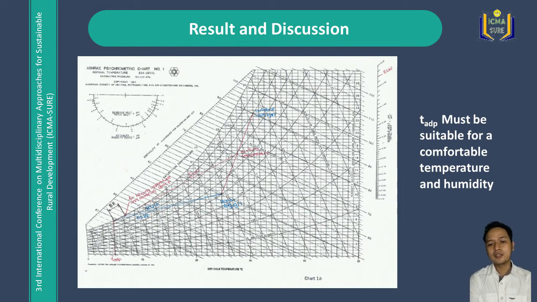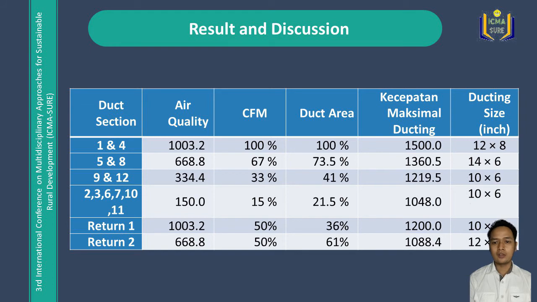At the diagram, we can know the TADP. After obtaining the value of the cooling load capacity, an air conditioning system with a central air conditioning can be designed.